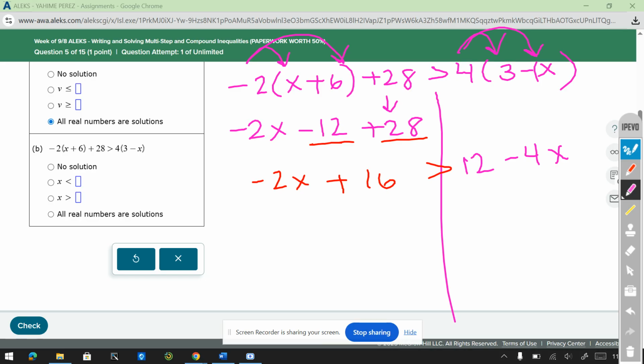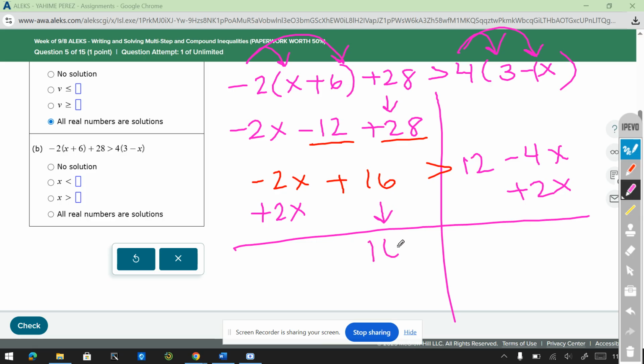Let's see, I'm going to get rid of the negative 2x by adding 2x. And what I do to one side, I must do to the other. But I remember I can only add 2x to its like term. So I have to add the 2x to the negative 4x. Okay. So negative 2x plus 2x goes to 0, and negative 4x plus 2x goes to negative 2x.